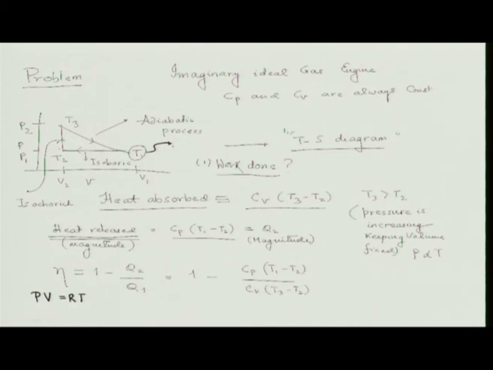So, I will have T1 equal to, I will be careful, P1 V1 over R. Similarly, if you look at T2, I can write as P1 V2 over R. T3 similarly I can write as P2 V1 over R. I am going to substitute this.